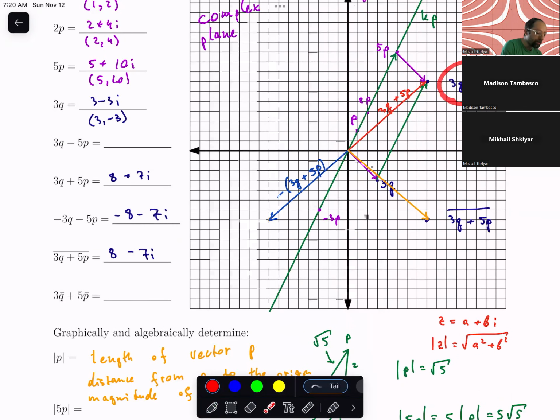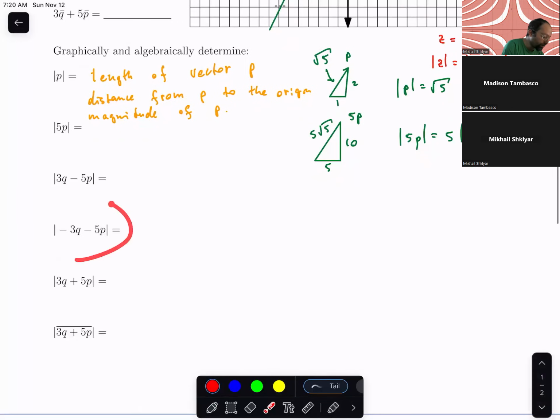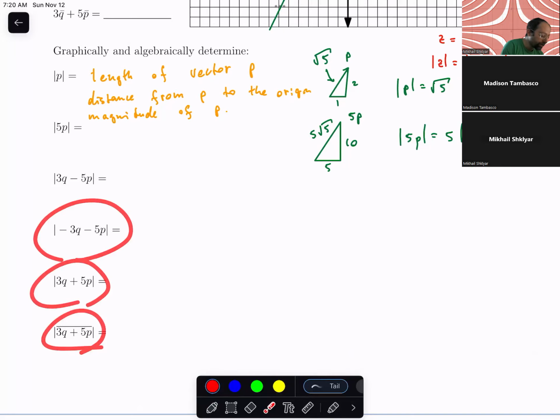If I take the opposite of it, this is the exact same vector reflected through the origin. If I take the conjugate, it's the exact same vector reflected through the x-axis. So even though these complex numbers are all different, the distance from the origin is the same. So the magnitude of all these numbers should be the same.